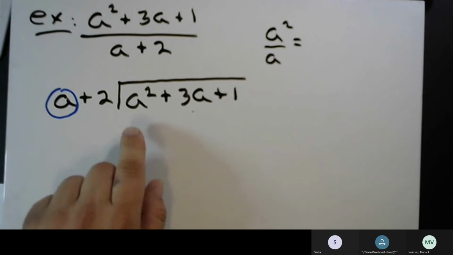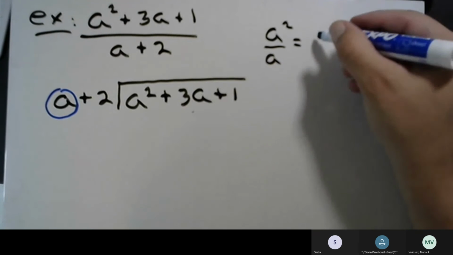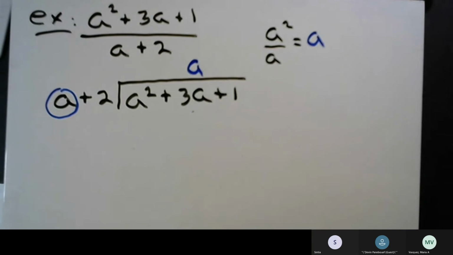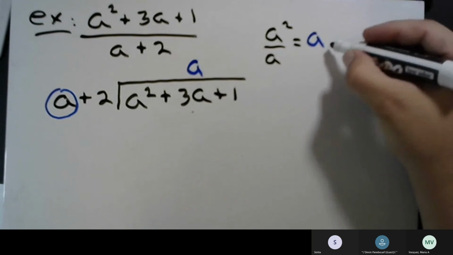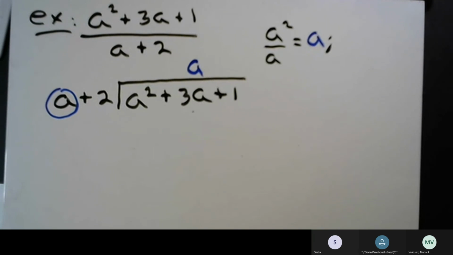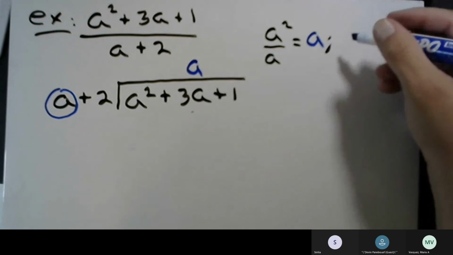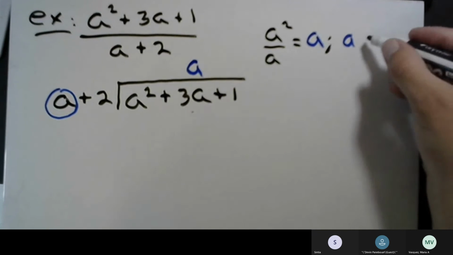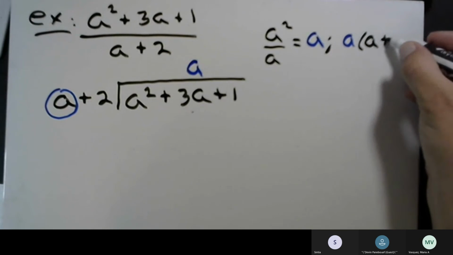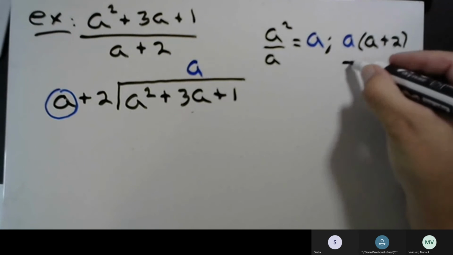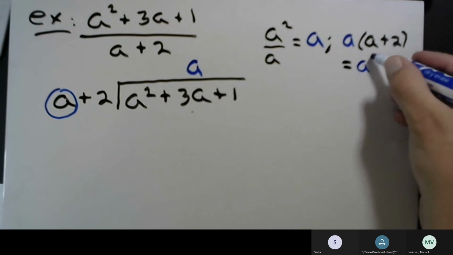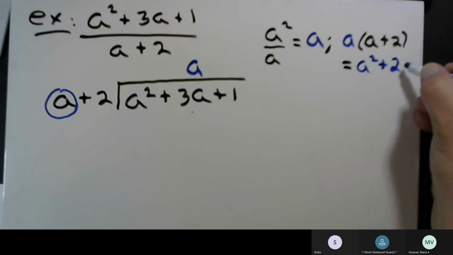So the first round, the a, and again, it just takes practice. We have a times this entire thing, we'll get a squared plus 2a.